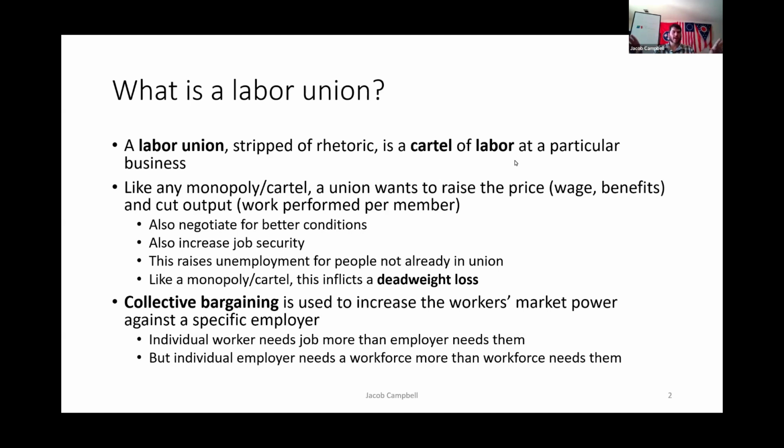A perfectly uncompetitive union, the more powerful one at the bargaining table. This is a way that workers are going to be able to claw back market power from their employers so that they can negotiate a more equitable deal.